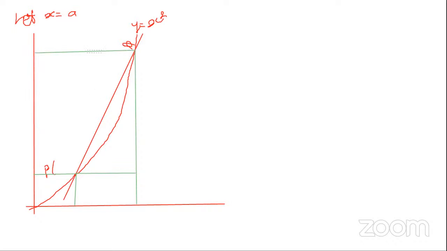So if our x is a, what would be our y value? A squared. So that means here we would have a and a squared.